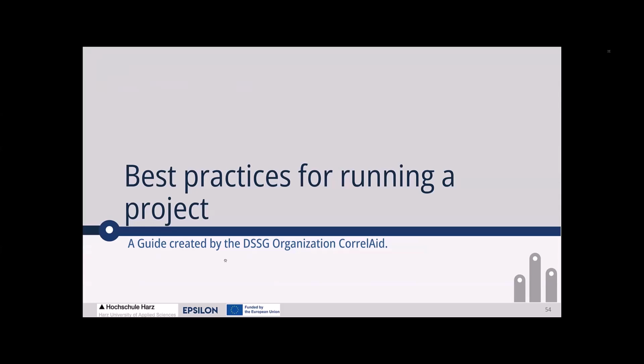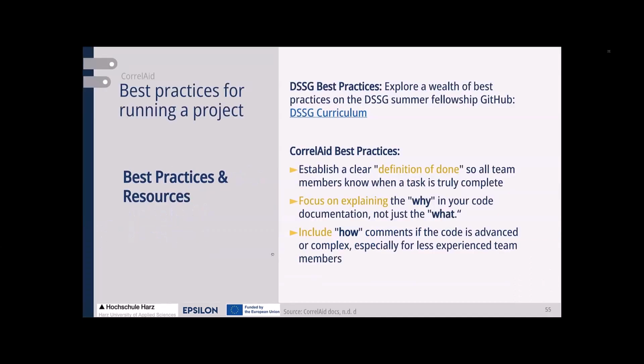So coming to the best practices for running a project, that means when the project starts, how to behave within a project. And here, the information we present are provided by both the DSSG organization as well as CorrelAid. So the best practices and resources is to produce an information sheet that all participants of the project can access.